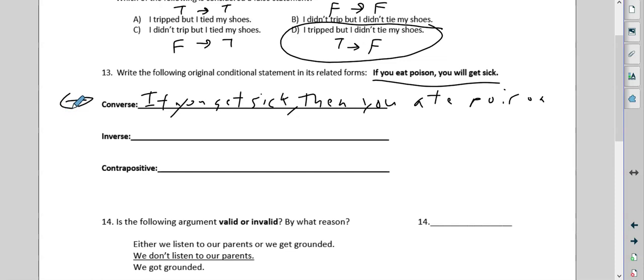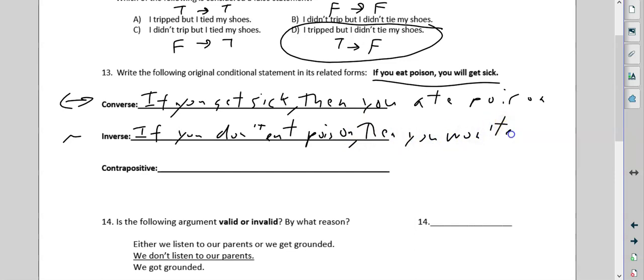With the inverse, we're keeping them the same, but we're negating both statements. So this is if you don't eat poison, then you won't get sick. So you're just negating both of them. And the contrapositive is you're switching them and negating them.